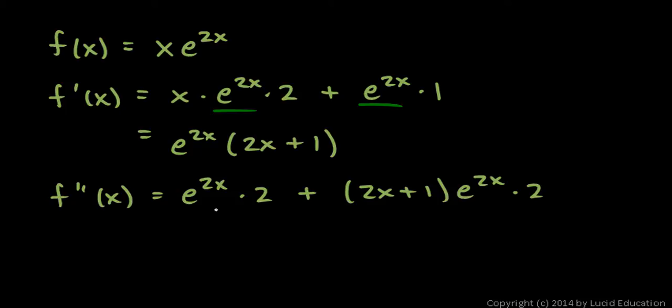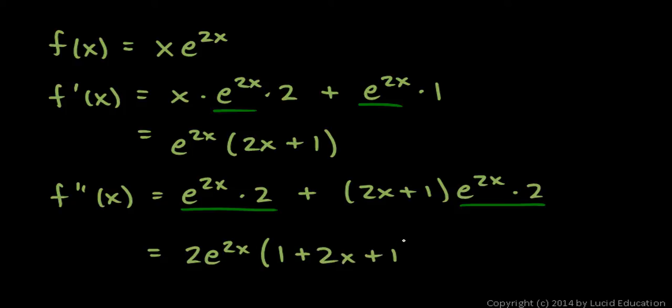I just need to find where that will be positive. And this will actually be pretty easy to do if we simplify it. So look here, there's a 2 and an e to the 2x right there, and there's a 2 and an e to the 2x right there. So let's factor those out. I'll write 2e to the 2x, and that leaves me with a 1 plus this, 2x plus 1.